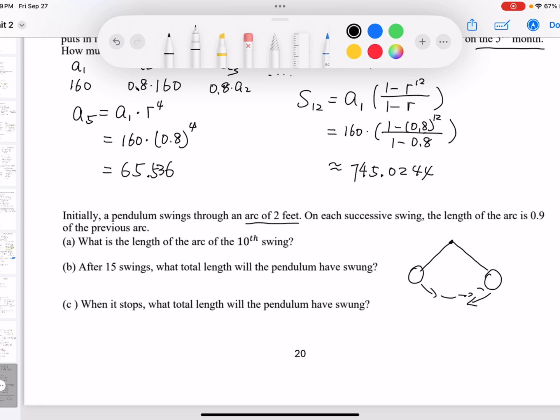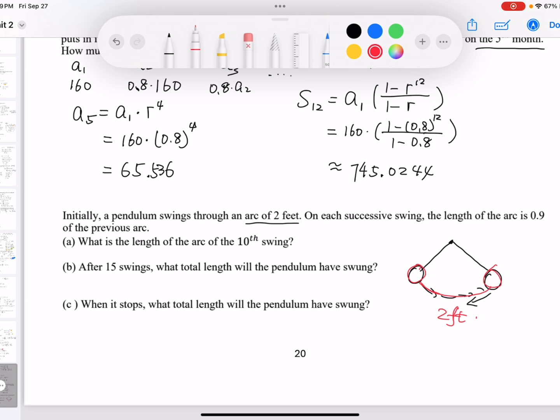So that means the first time from this position to this position is 2 feet. On each consecutive swing, the length of arc is 0.9 of the previous arc. Oh, this is a geometric sequence. What is the length of the arc of a 10th swing?